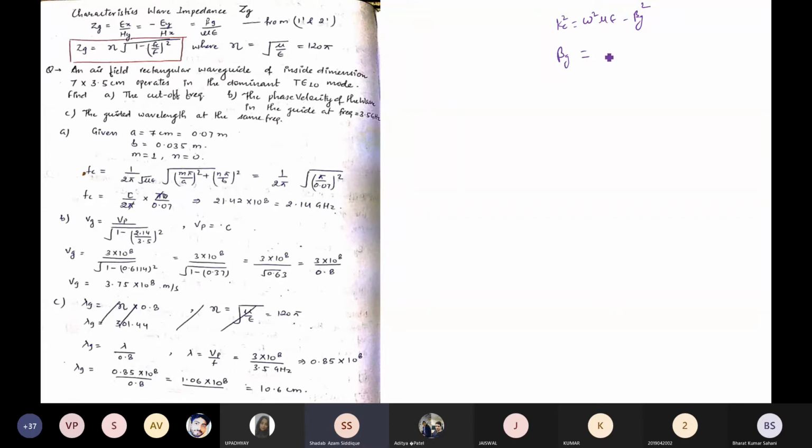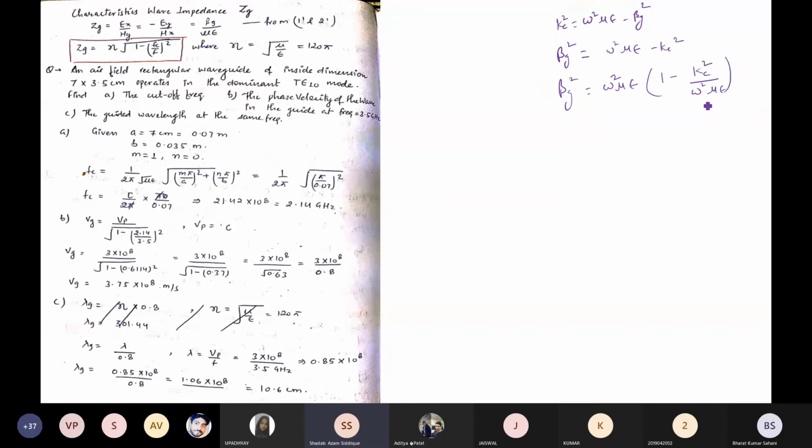So beta g square can be written as omega square mu epsilon minus kc square. I take omega square mu epsilon outside, and I write 1 minus kc square by omega square mu epsilon.